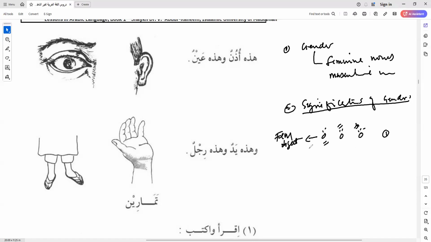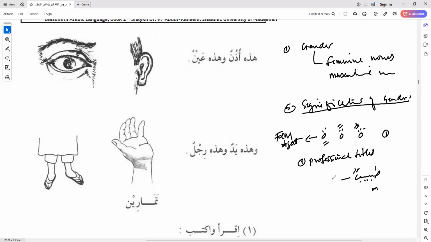But some nouns in Arabic come with taw marbuta automatically. There are some that you have to form, especially professional titles, right? Like you have tabibun, that is a male.